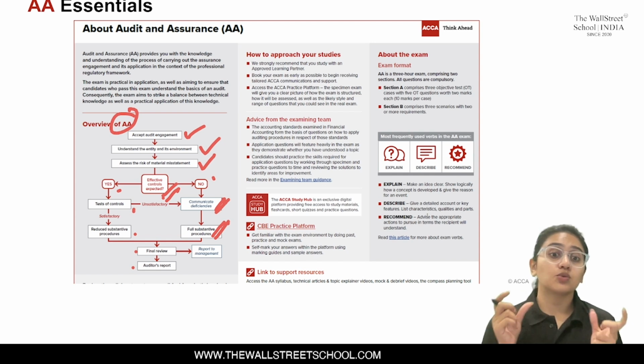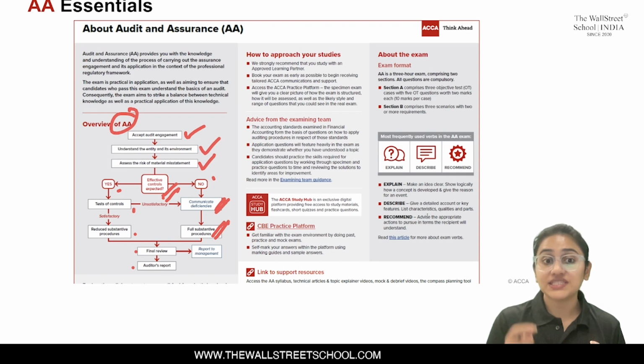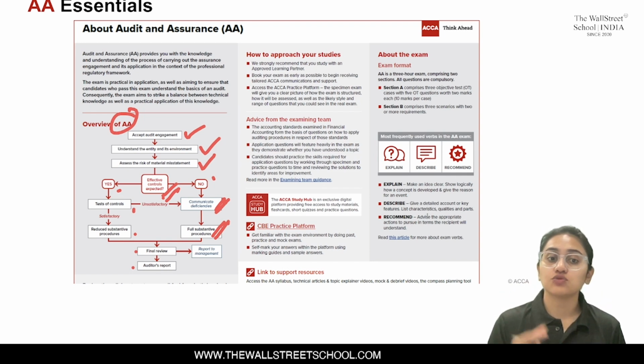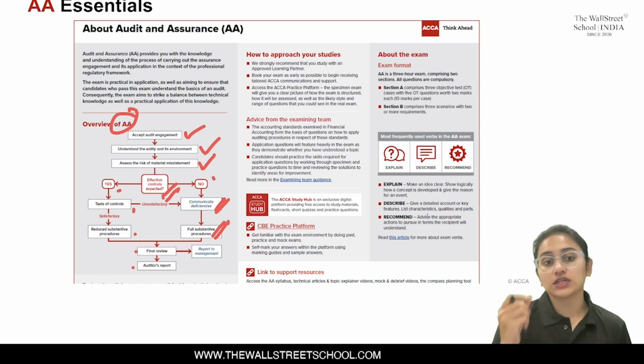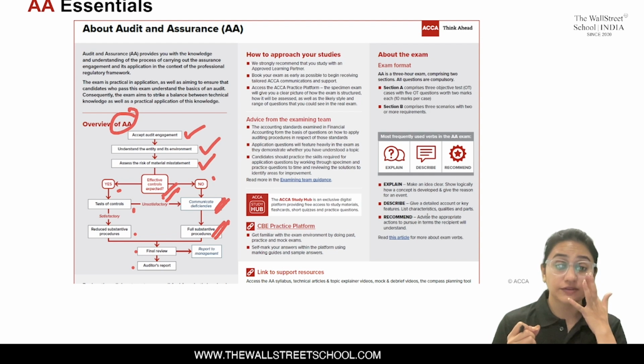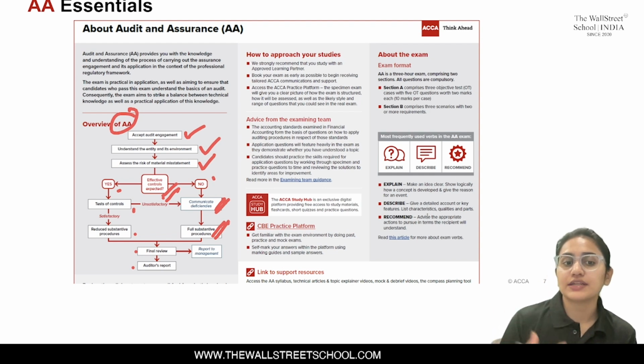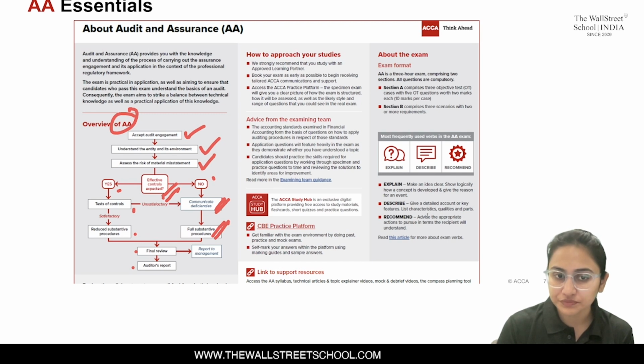But where my controls are weak, that means there is a deficiency. So I have to communicate this deficiency to those charged with governance and management. And I cannot take a risk because the controls are weak. There's a deficiency. So I have to perform full procedures and then give a final review and auditor's report.